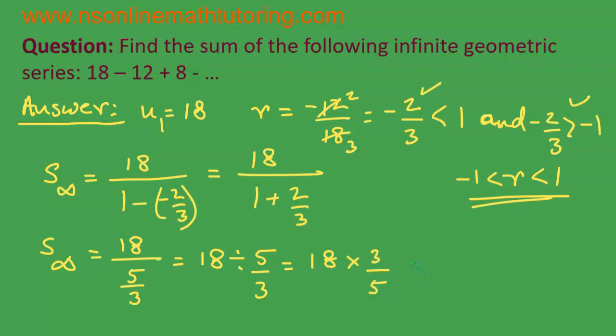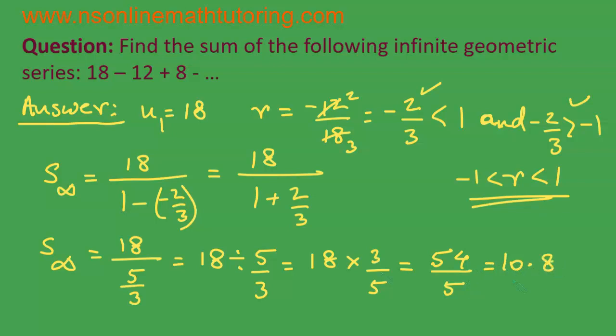Okay. And 18 times 3 is equal to 54, over 5. So 54 over 5 is equal to 10.8.